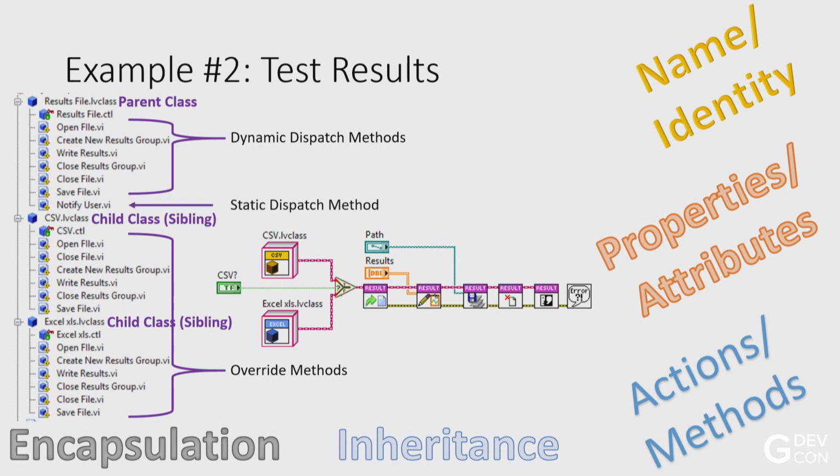And then the last type of VI we have on the screen here is a static dispatch method, which is this one here, notify user, because regardless of the type of object or type of file you want to use, the way we notify the user is going to be exactly the same. So we can have a static dispatch method which is going to execute regardless of which child class gets passed through.